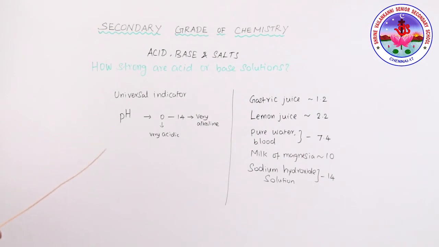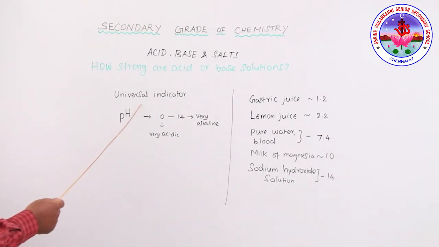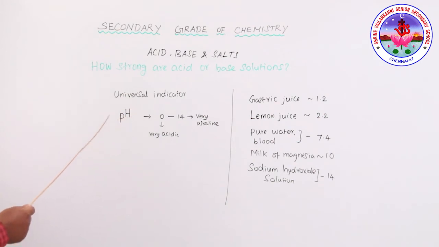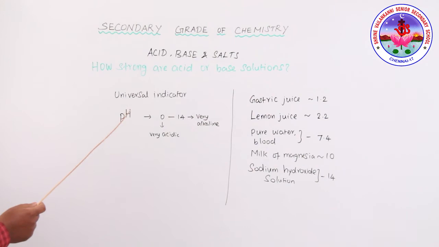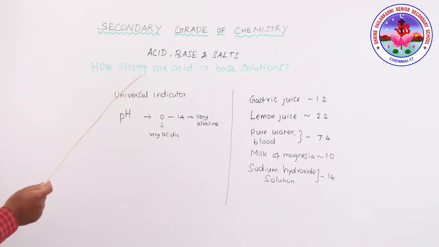We can quantitatively find the amount of these ions present in the solution by using the universal indicator, which is a mixture of several indicators. The universal indicator shows different colors at different concentrations of hydrogen ions in the solution.